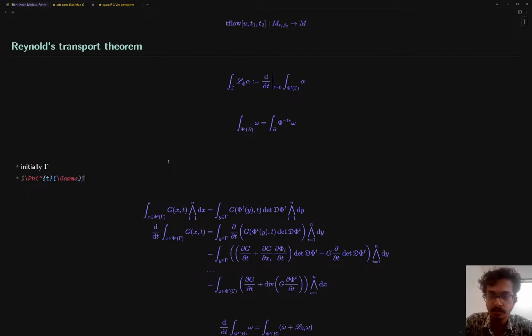It starts at time t equal to 0, and phi of 0 is the identity. So initially it was Gamma, and then after time t it is phi of t of Gamma. Now I integrate any smooth function g on phi of t of Gamma. That's what I'm integrating on.